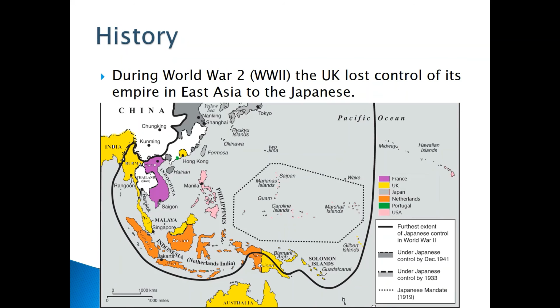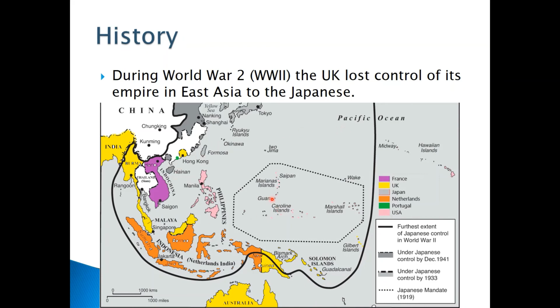During World War II, the UK lost control of its empire in East Asia to the Japanese. The UK, the British Empire, is in yellow. The Japanese controlled all the land inside the black line.